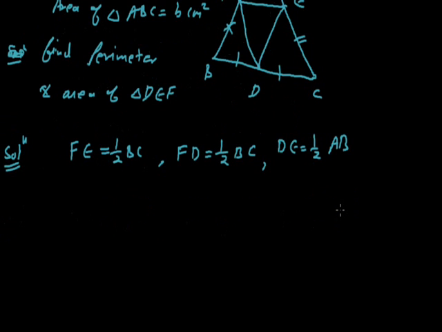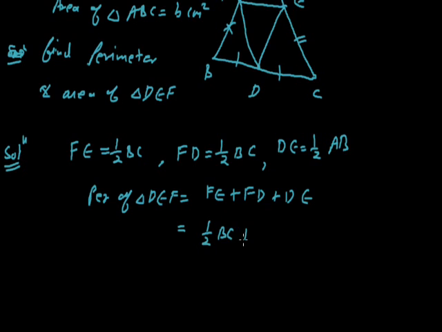Now the perimeter of triangle DEF is equal to FE plus FD plus DE. In place of FE I write half of BC. In place of FD I write half of AC. Correct it. FD is half of AC, not BC.